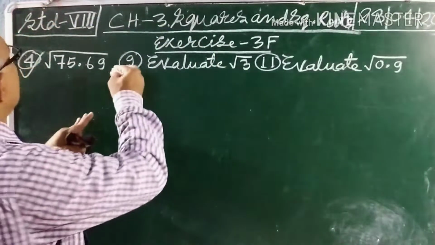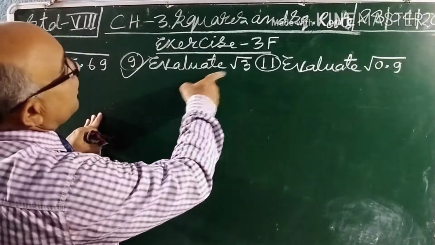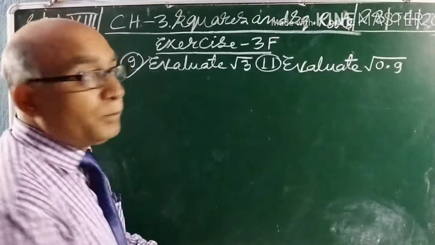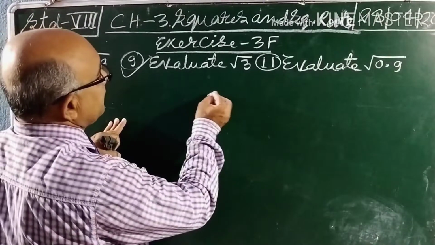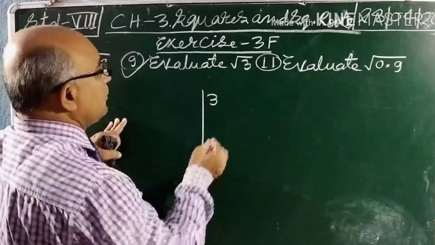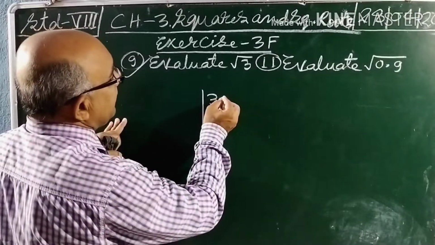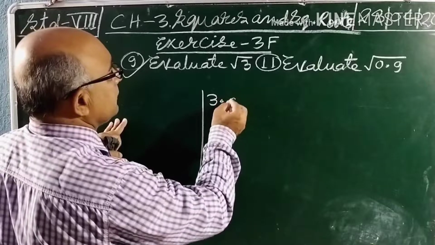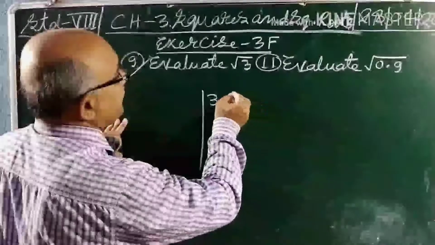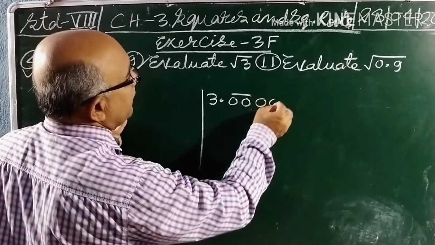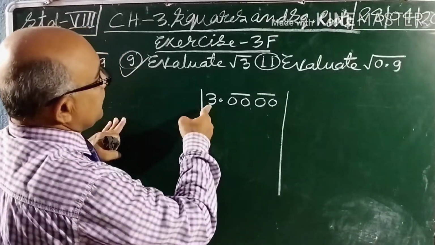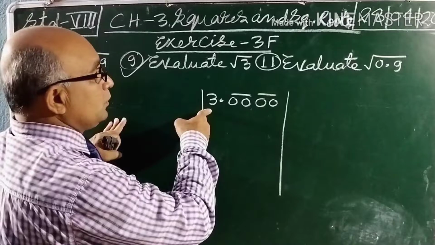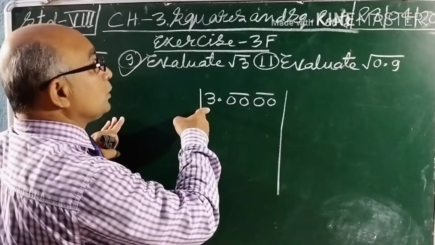Next question, write on your board question number 9. Evaluate root 3 up to 2 decimal places. So write 3 between two vertical lines and take the decimal point. Make pairs, an even number of zeros this time. 1 1 is 1, 2 2 is 4.